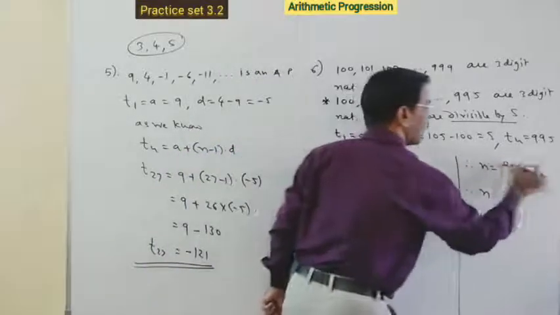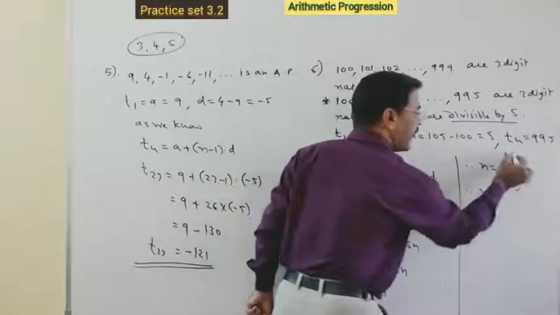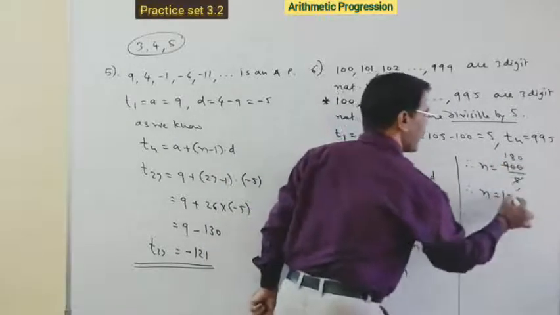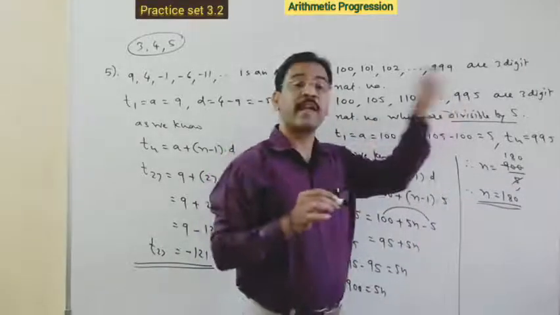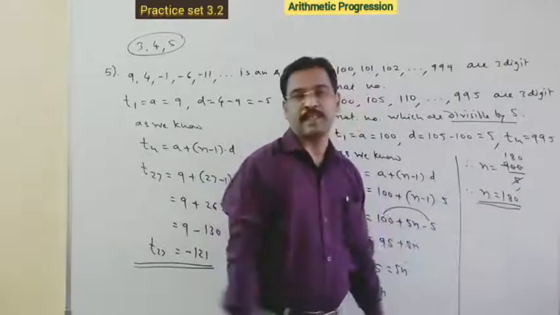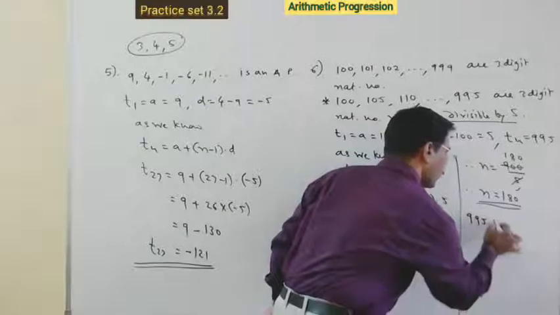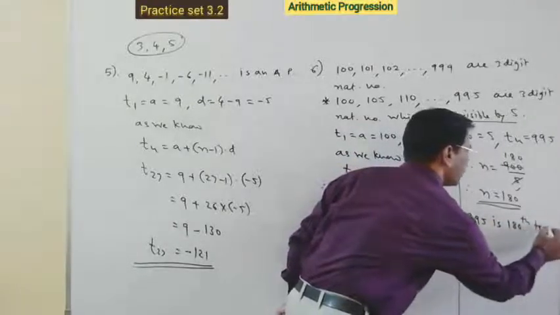Now just try to divide here. So what do we get? 5 ones are 5, 9 minus 5 is 4, 40, 5 eights are 40, and the last 0 as it is, so 180. Means what? This 995 is the 180th term.